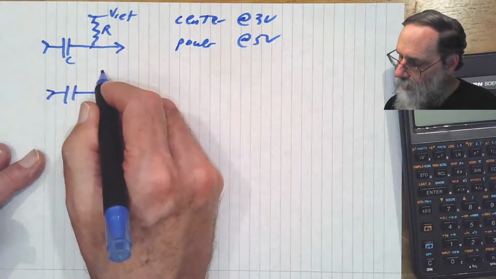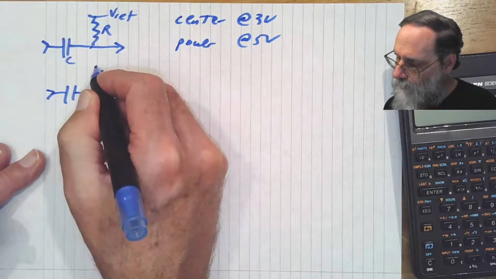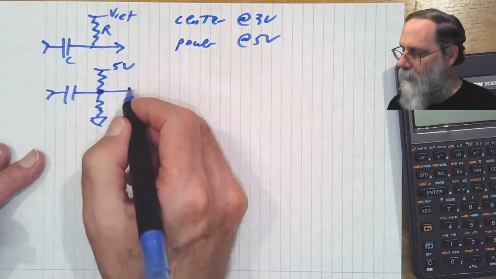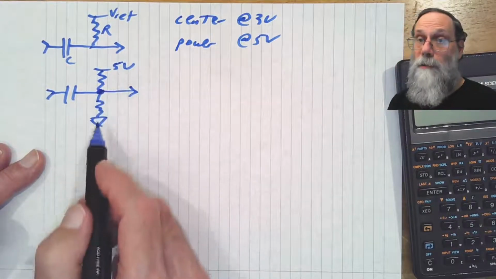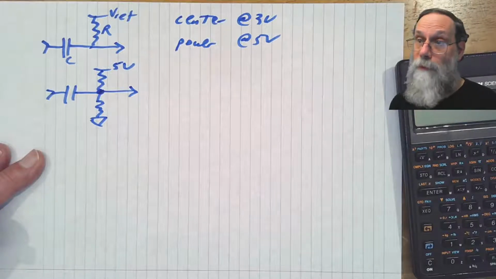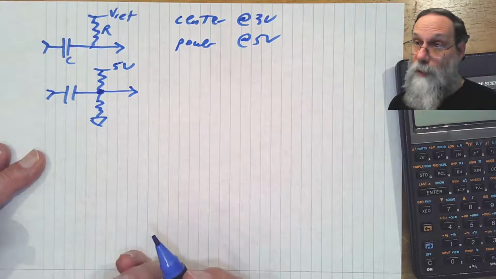Well, one way we can do that is to put in a voltage divider. Now this voltage divider can provide a voltage at 3 volts if we pick an appropriate ratio of resistors. What ratio is that going to be?